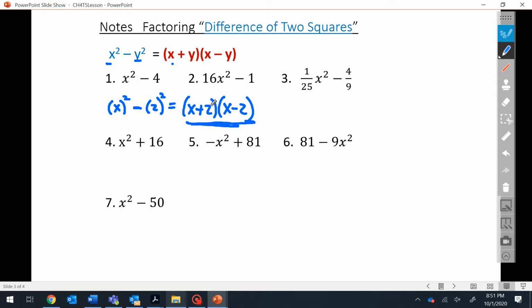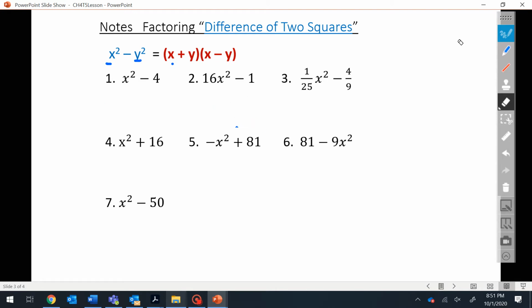You can check it by distributing: x squared minus 2x plus 2x minus 4. The minus 2x and plus 2x would cancel. It would just be x squared minus 4, which is what we started with. So it helps to write it like this, as the squares, then you know what to write it as.